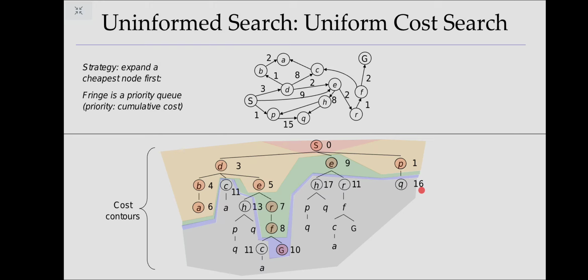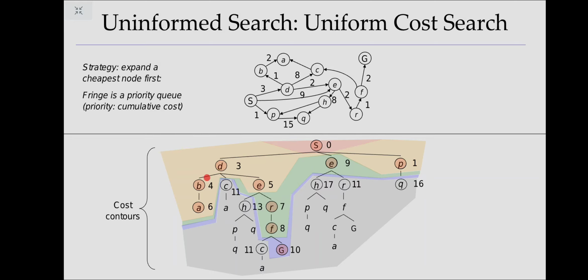But instead of searching Q, we compare the label of Q with E and D. Which of them has the least label? D. Because of that, we leave Q and focus on D.